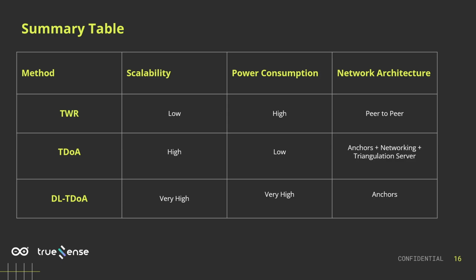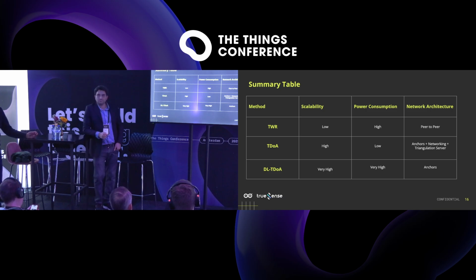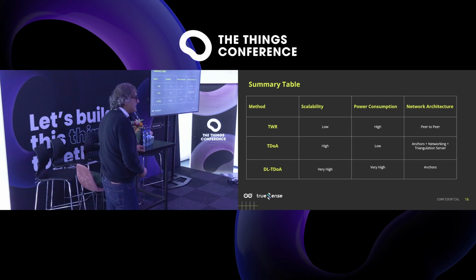TDOA, it scales very well. I mean, you can track really thousands of objects in real time without major issues. The power consumption is very low. A tag that is doing this operation running on a CR2032 battery, the typical coin cell battery, will go ahead for 3 months operating 24/7 at 5 updates per second.